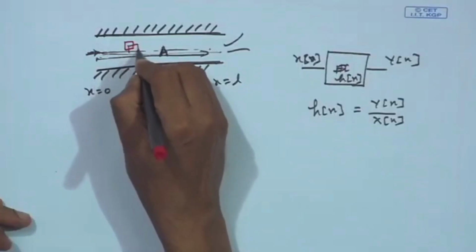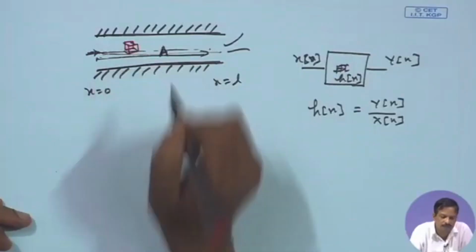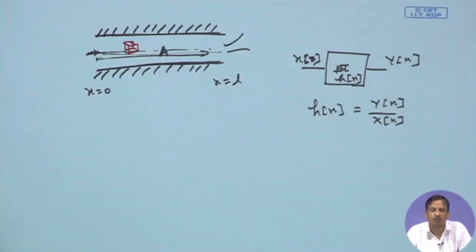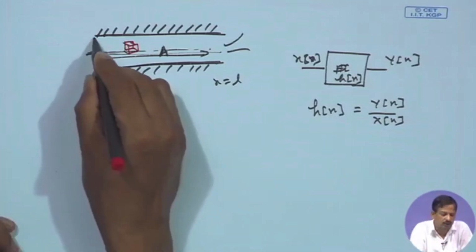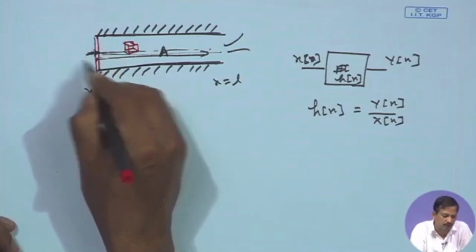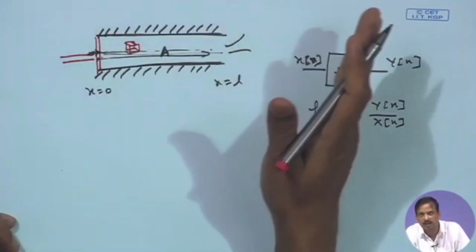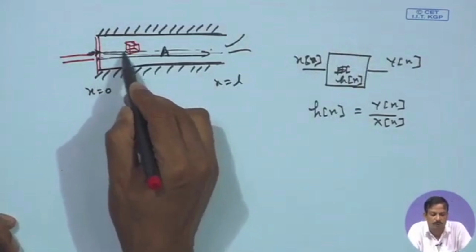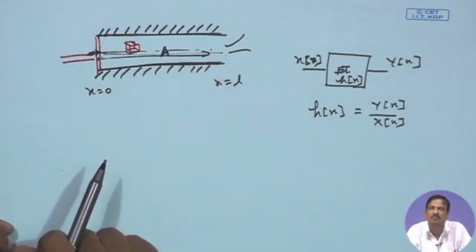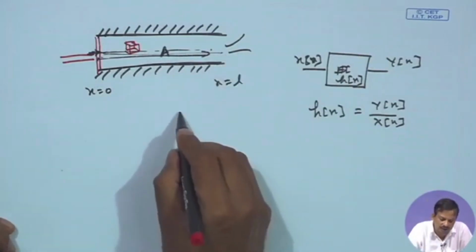Let us consider a single cube in here. Okay. So, I can say this is a piston kind of thing which produces the pressure in the air, and that pressure is propagated along this tube. So, let me draw the picture neatly.